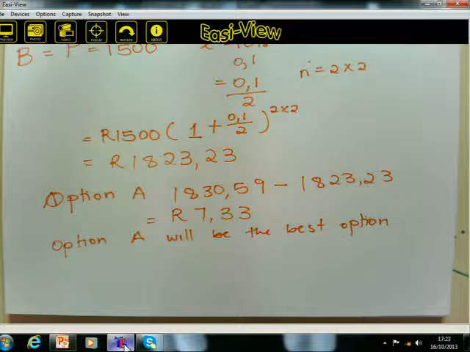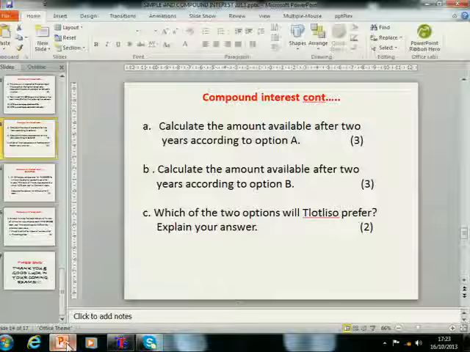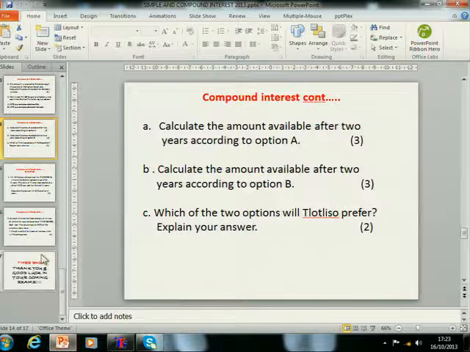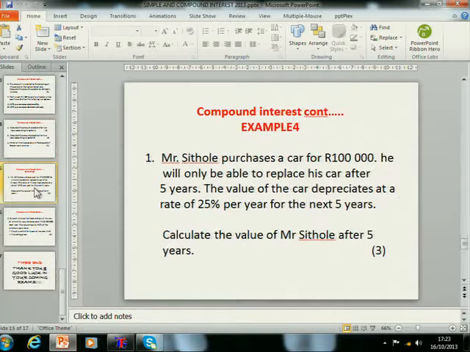Let's move to this question. Mr. Sitole purchases a car for 100,000. He will only be able to replace his car after 5 years.